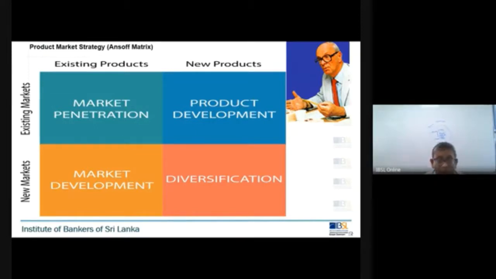Any organization can use one of these strategies. What are these four strategies? Market penetration, market development, product development, and diversification to improve your businesses. Once you develop one of these strategies, or maybe a few strategies, the next step is to execute your plan.